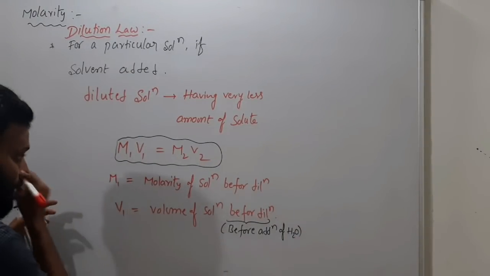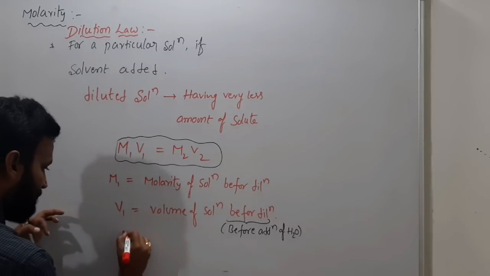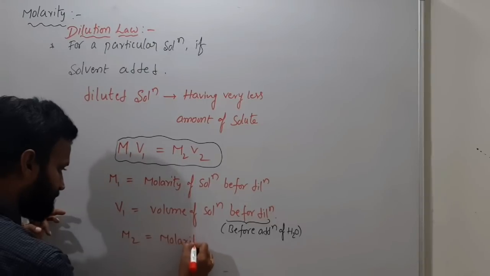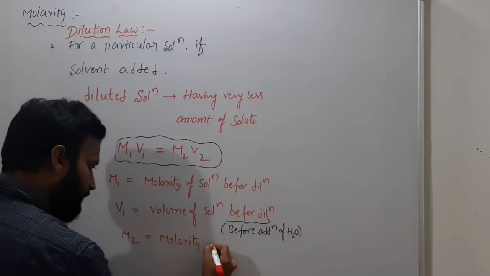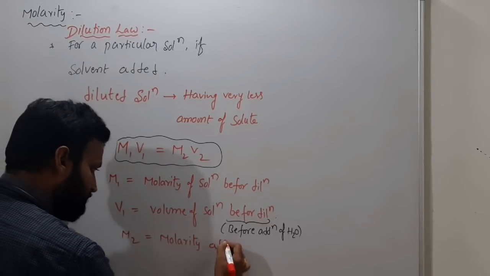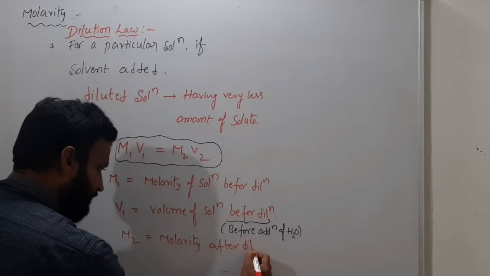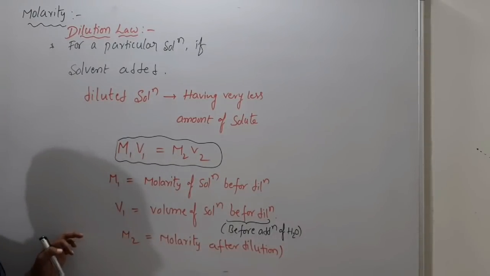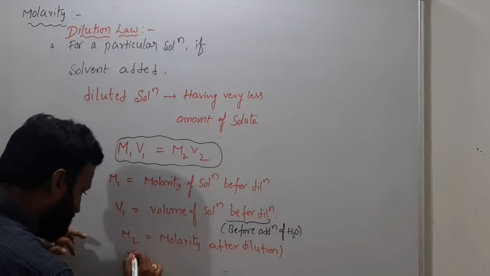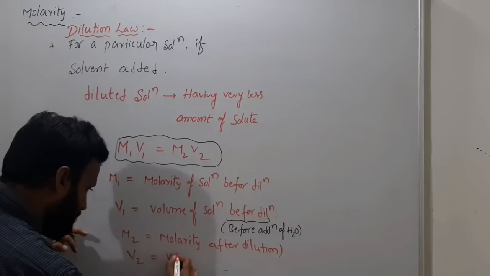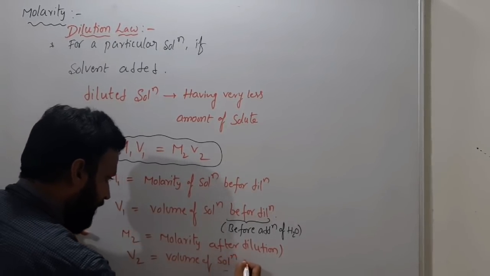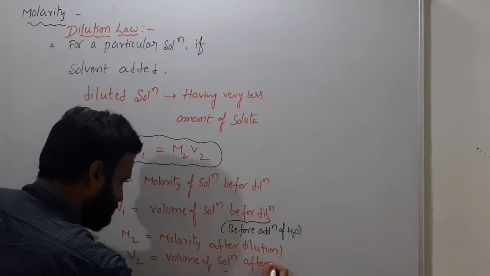Got it? So what is M2? M2 is molarity only, but after dilution. This is very important. What is V2? V2 is the volume of the solution after dilution.